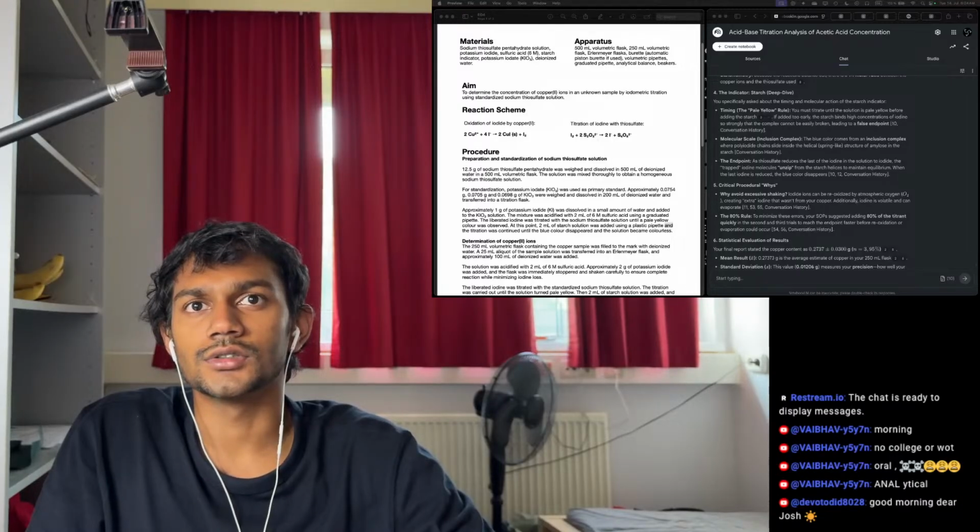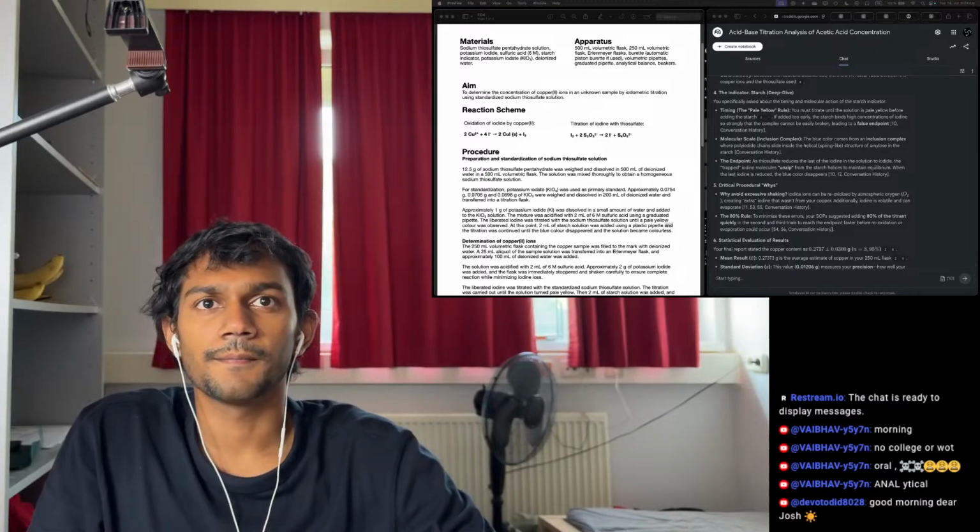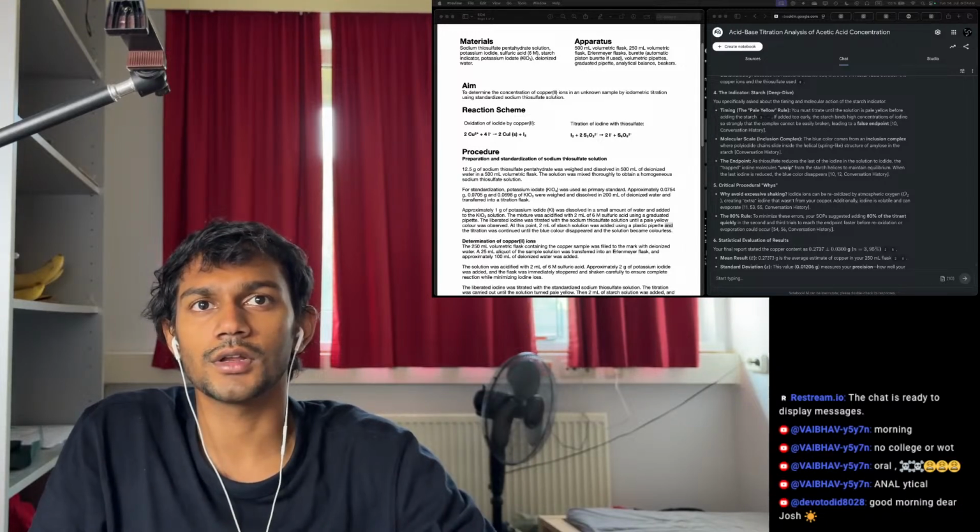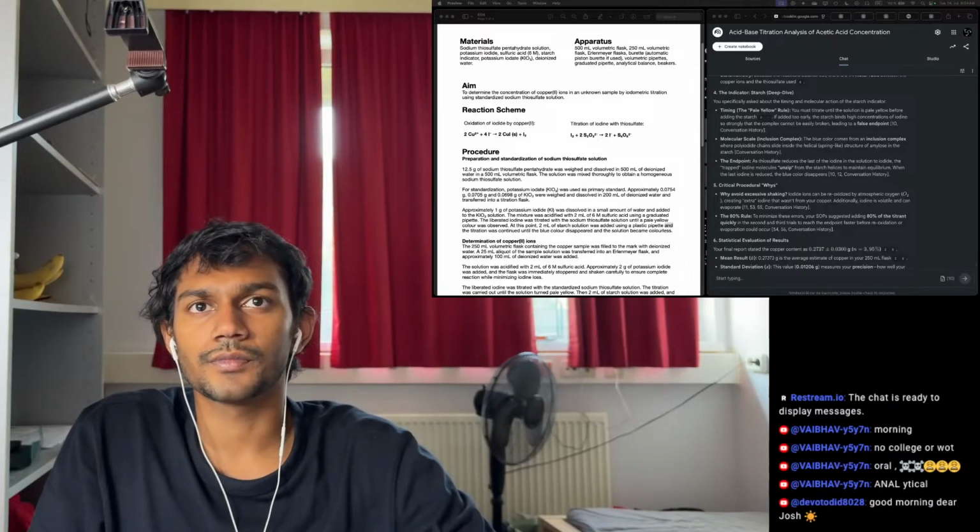The reaction: silver nitrate reacts with chloride to form a white precipitate of silver chloride. The reaction is 1:1, meaning the number of moles of AgNO3 used equals the number of moles of chloride in your aliquot.